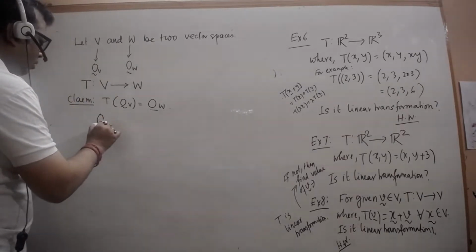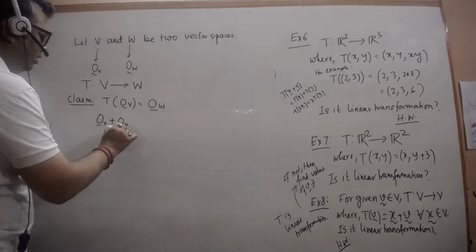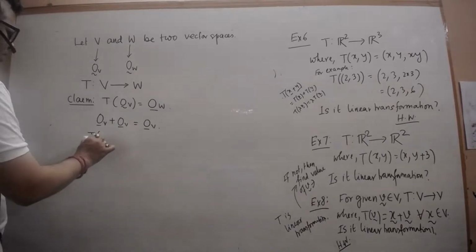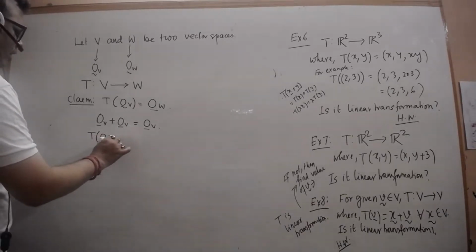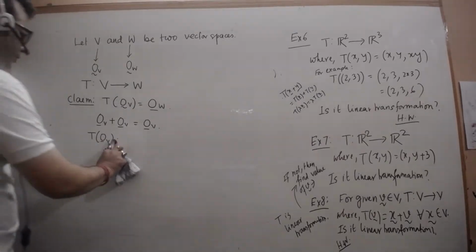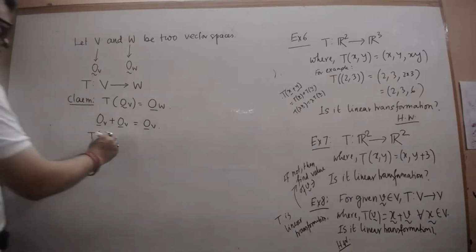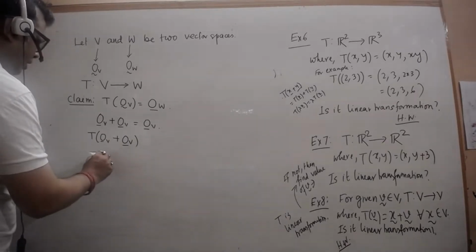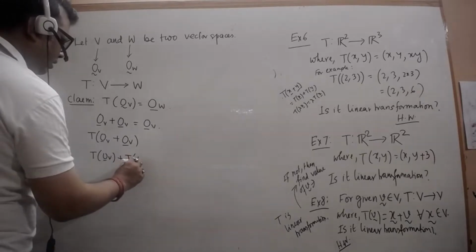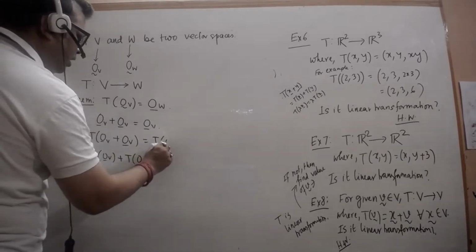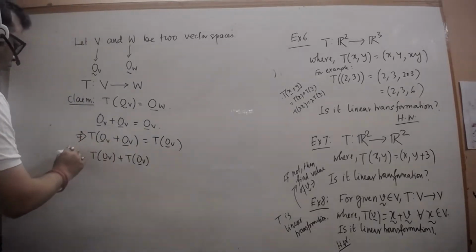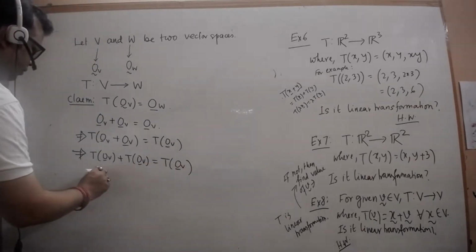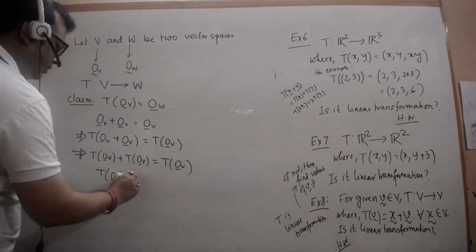So O_V plus O_V gives O_V. According to the linear transformation, T(O_V plus O_V) gives T(O_V) plus T(O_V), and this is equal to T(O_V).